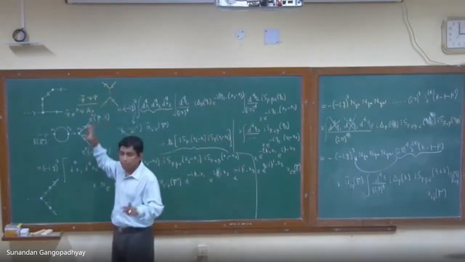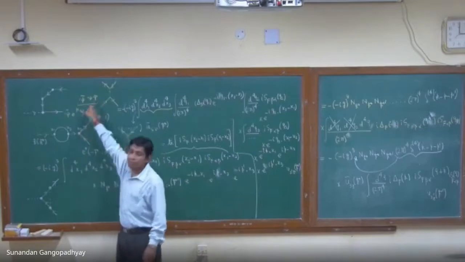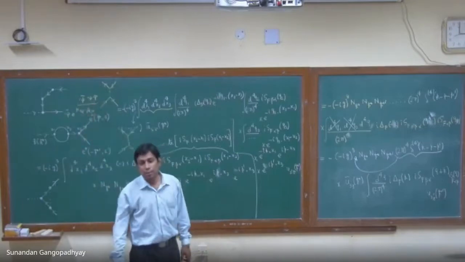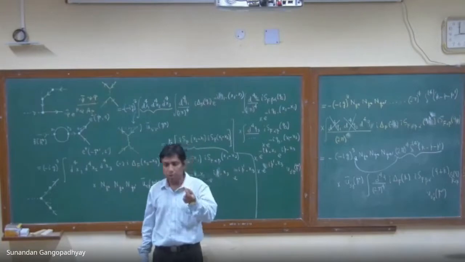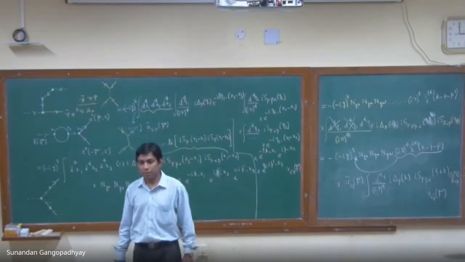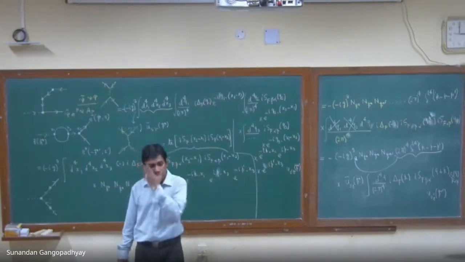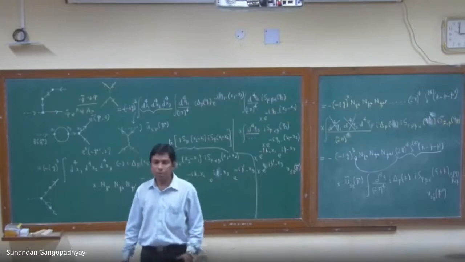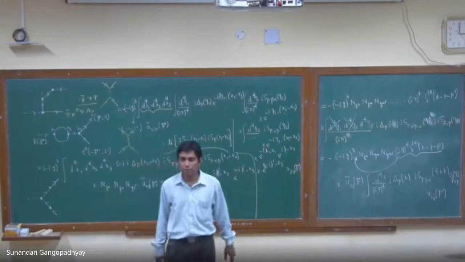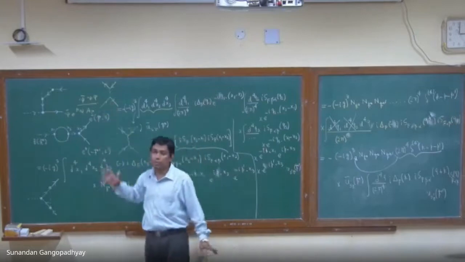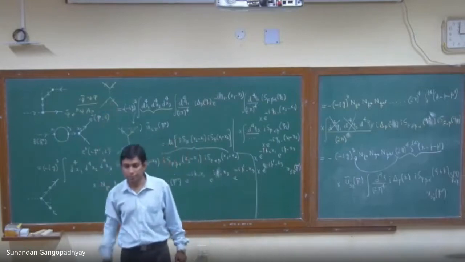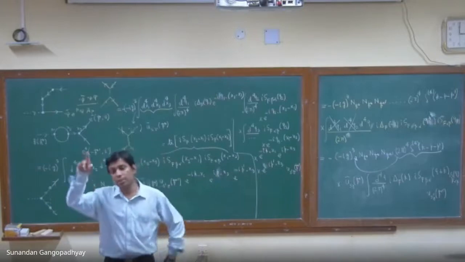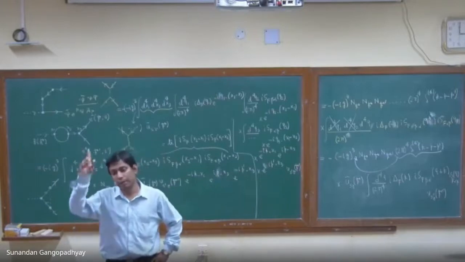So for this to be really Yukawa, this real scalar field must be a massive real scalar field, just to have some mass. If it is a massless real scalar field, like a photon, so to say, not really a photon, it's a toy photon, then this will again not be Yukawa, this will be 1 by r, because m is 0, so the exponential factor is 1.